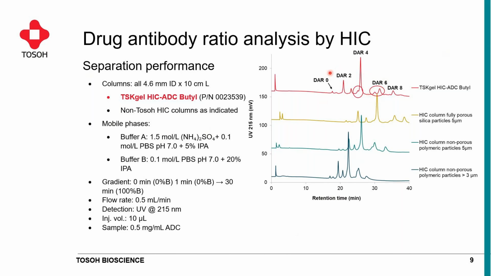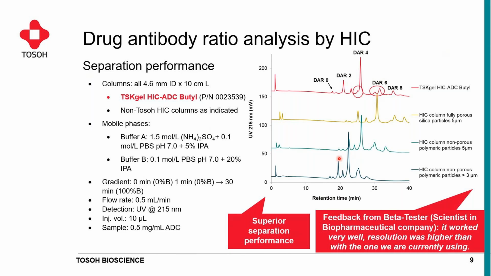What was used here is an ADC mimic, which contains DAR 0, DAR 2, 4, 6, and 8. And we can actually separate things that we cannot separate on any of the other columns. So we can say we have a superior separation performance, and I'm glad it's not only Tosoh who thinks it's a very good column.